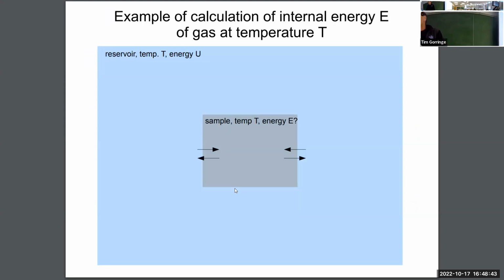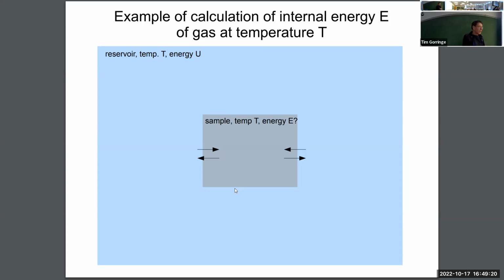Okay, so this is a specific problem for today's class. We're going to imagine that maybe we've got this big reservoir of some material or medium, maybe a tank of water, which has some huge internal energy because it's a big reservoir, and it has some fixed temperature. And we're going to place inside that some sample of gas.